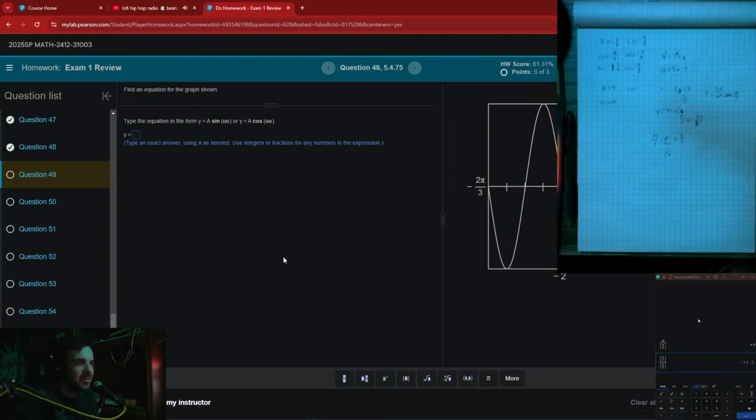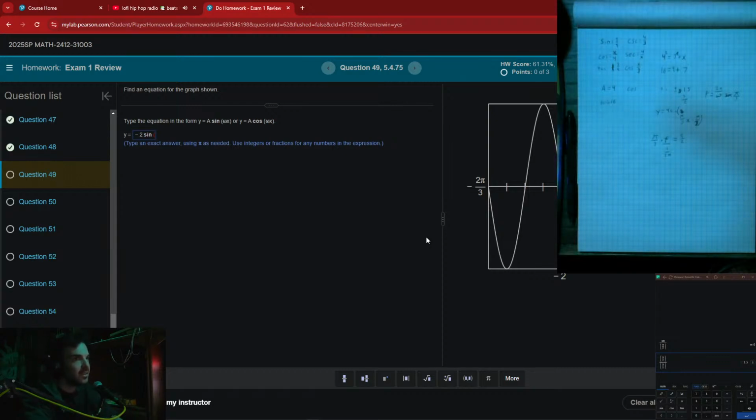Type the equation in form y equals a. Okay. So this one goes through the origin, so the simplest version is the sine function. But this one is a negative sine function because it's gone upside down, with an amplitude of 2, because 2 is the max, negative 2 is the minimum.